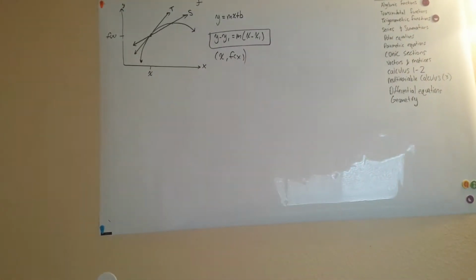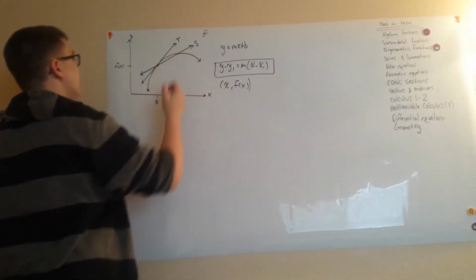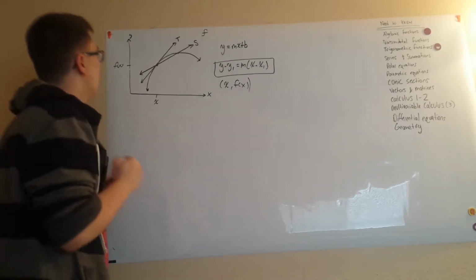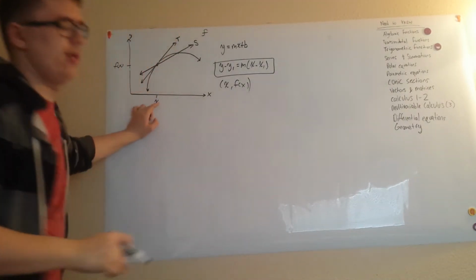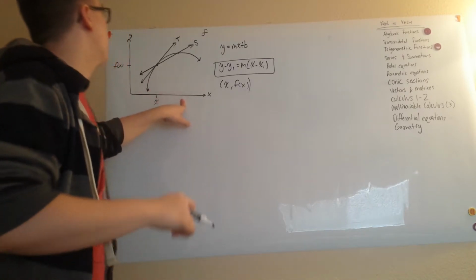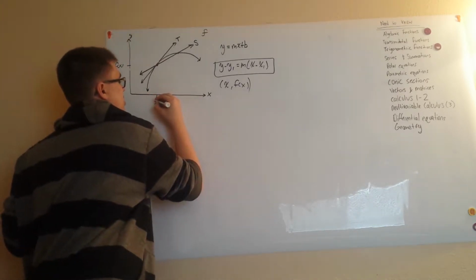Okay, so what's the point? Well, we're going to do some interesting stuff here. What would be an x value here? I just took the x value here and added a number, so I made it bigger.